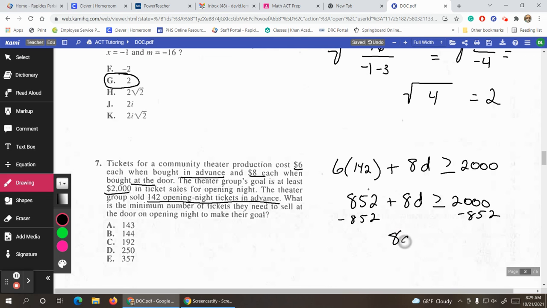And then I would have 8D is greater than or equal to 2,000 minus 852, which is 1148. Divide by 8 on both sides, and D has to be greater than or equal to 143.5. Okay, greater than or equal to. Well, 143 would be less than. 144 would be greater than. All these are answers, but it's not the minimum. It's not the minimum number.